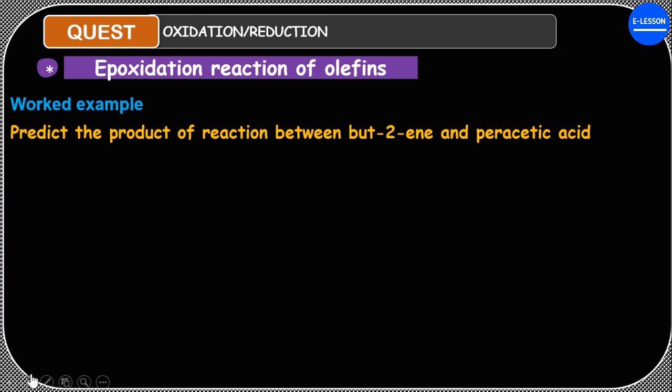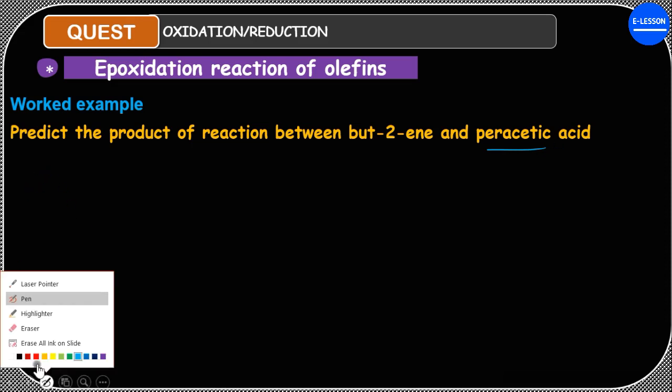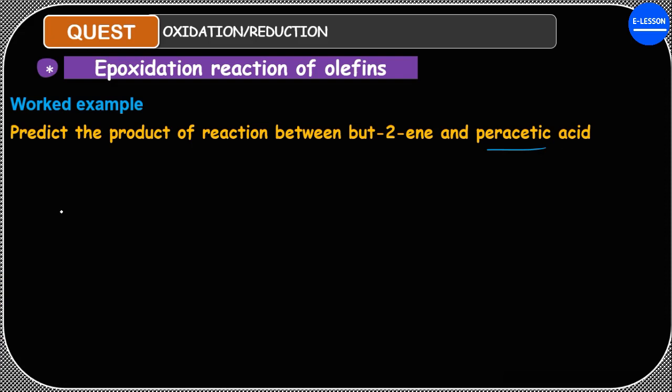Now you have another question to work on. Predict the product of the reaction between but-2-ene and peracid, or peracetic acid. But-2-ene is something like this. Let's say you have C. Okay, if you are saying but-2-ene, let's use the cis form of it first.